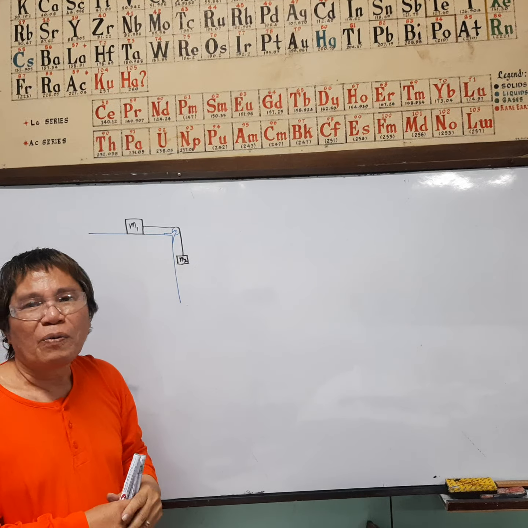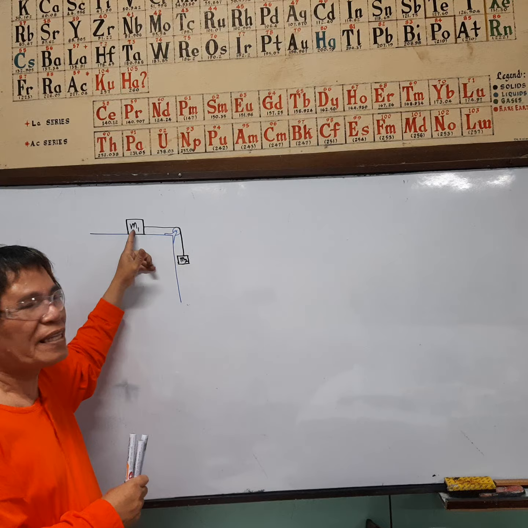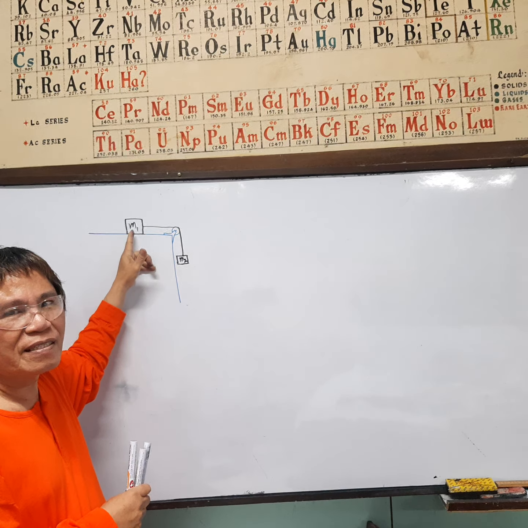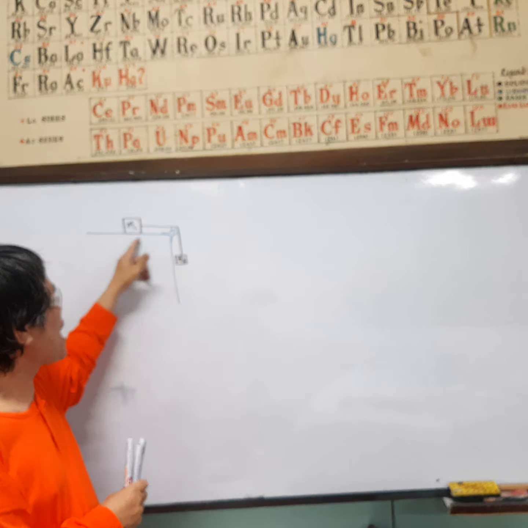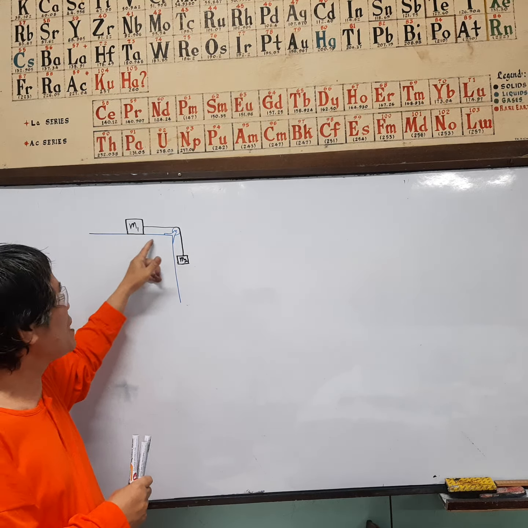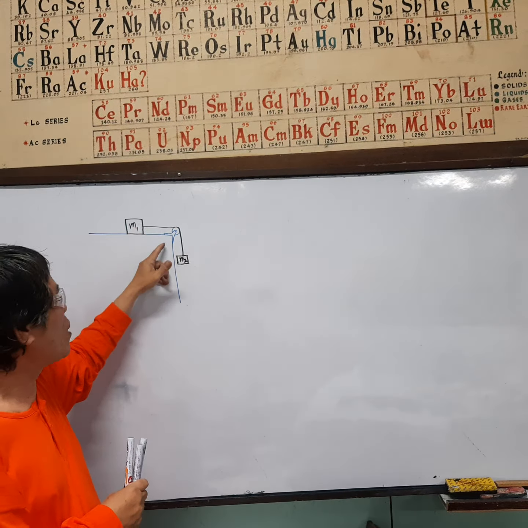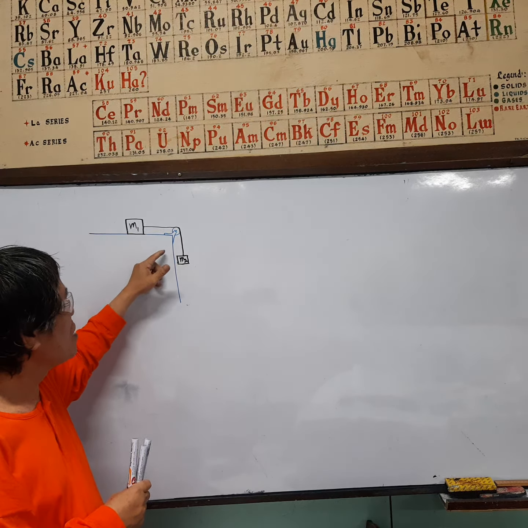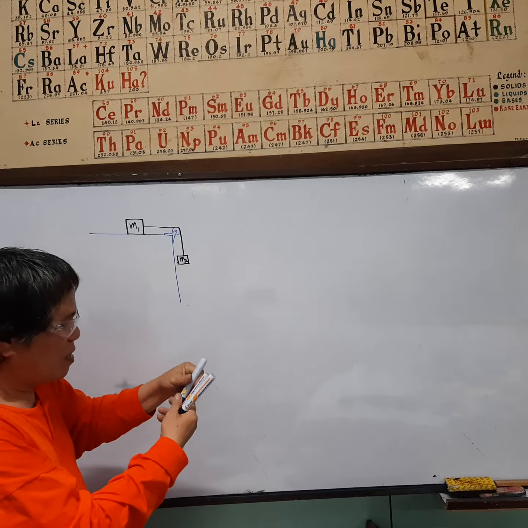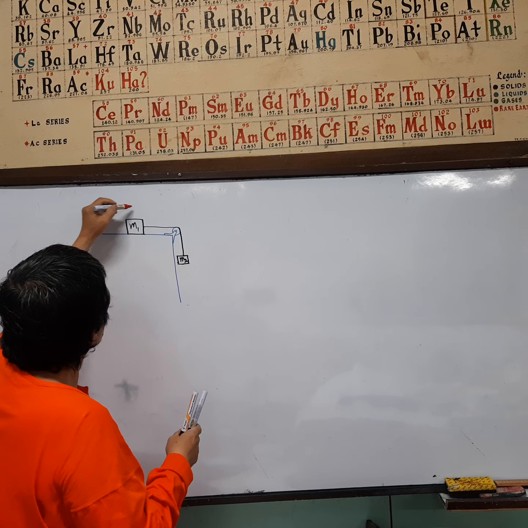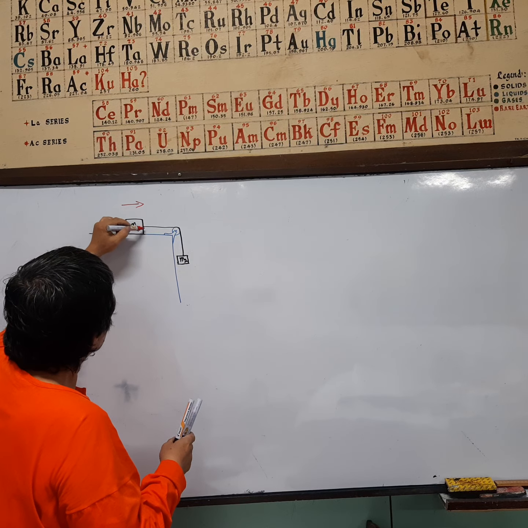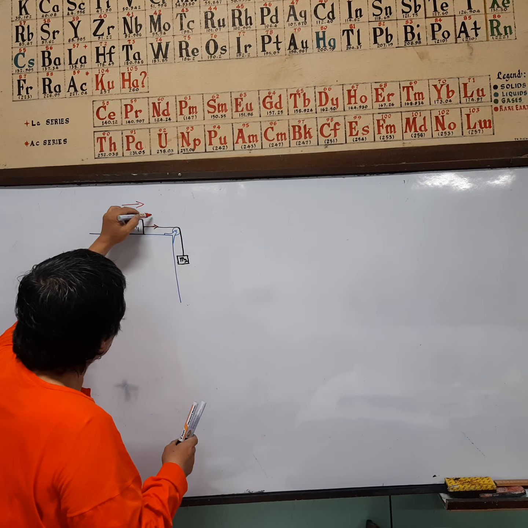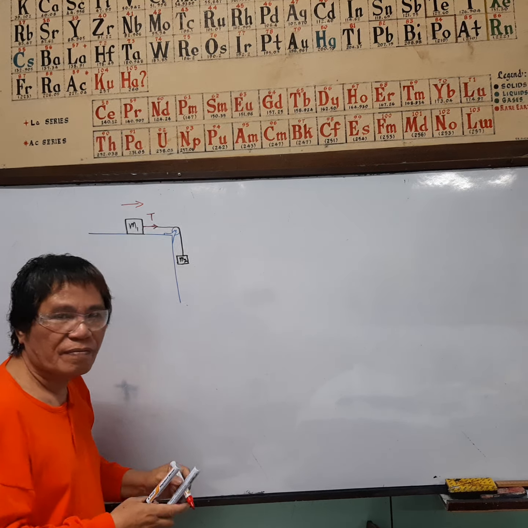So we expect that if this is rough, this one will not move. But because this is smooth, even if this is larger, this one will move in that direction because there is that force. We call this one tension.